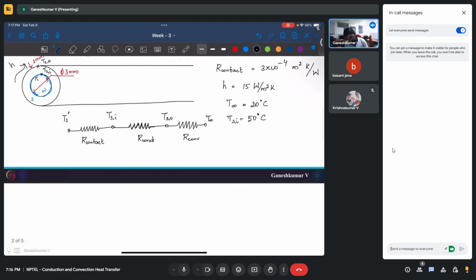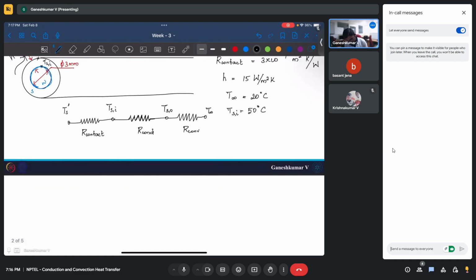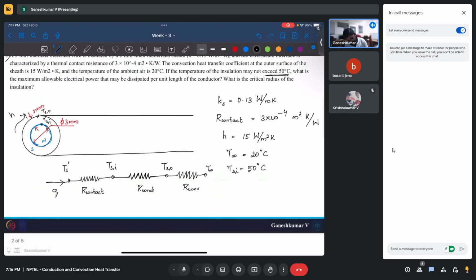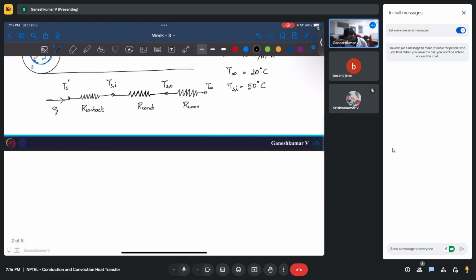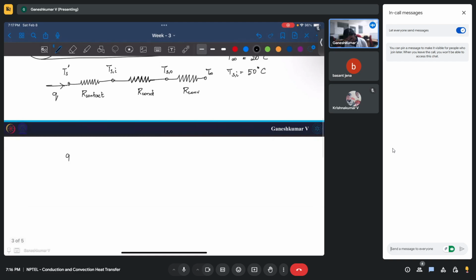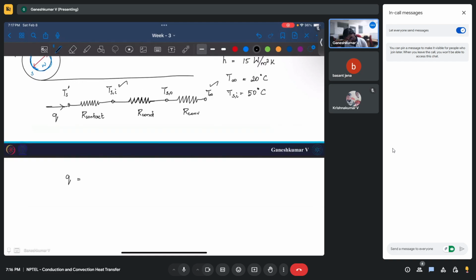So we just need to find what is the Q going through this. Power dissipated per unit length of the conductor, so Q by L basically we can find out. Since we know TSI and T infinity, we can actually use these two terminals to find the resistance.